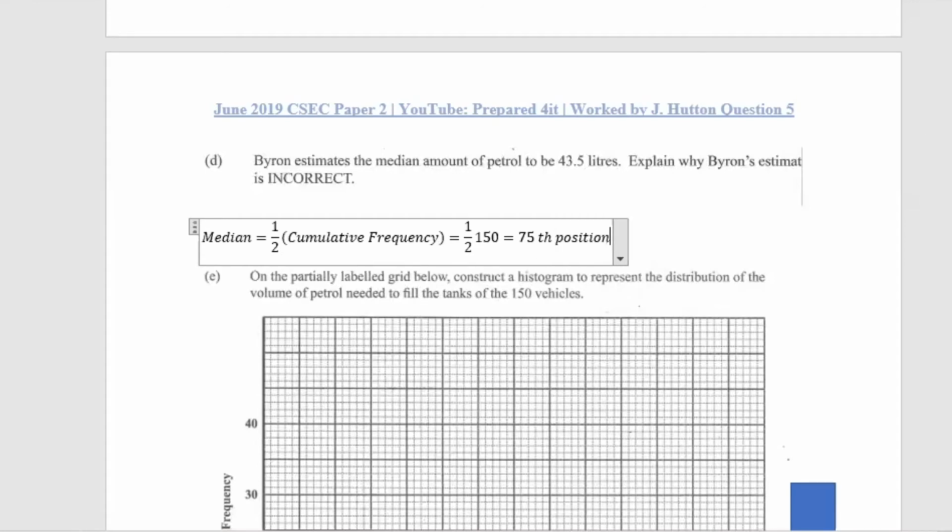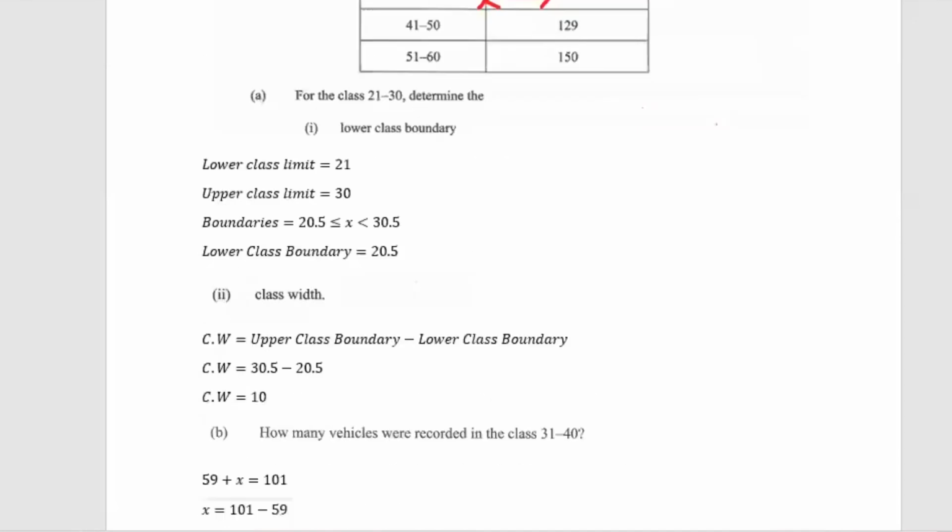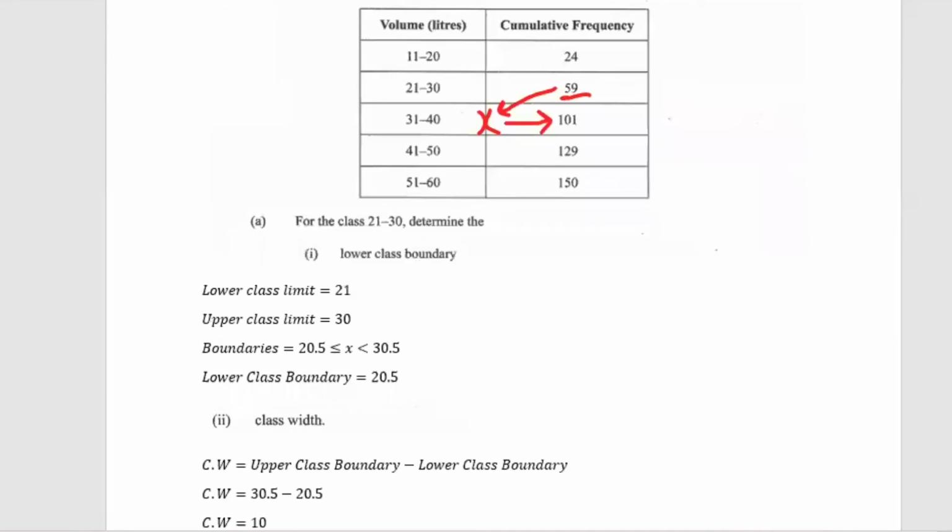So when we now look back at our table, the 75th position would fall somewhere in this class of 31 to 40, as the cumulative frequency for the previous class stops at 59.